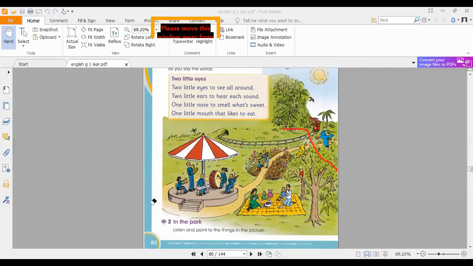It's a beautiful day in the park. The sun is shining. I can hear birds singing. Look, I can see the birds up in the trees. A little boy and his dad are smelling the flowers. The flowers smell nice. A family is eating red cherries. The cherries taste sweet.